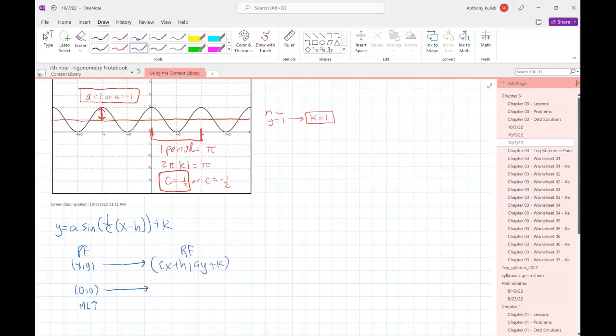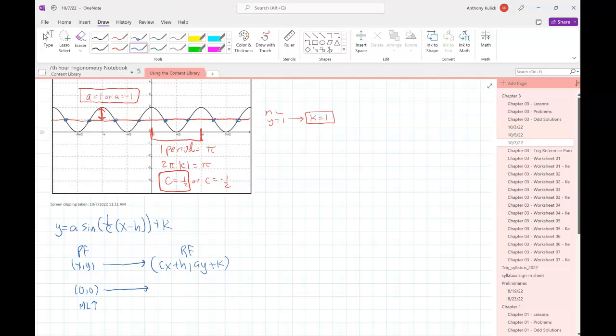And now I have to go to my picture and find some other midline point. So any point where the graph crosses the midline would be okay to use here. We have lots of choices. Does it really matter which one we choose?